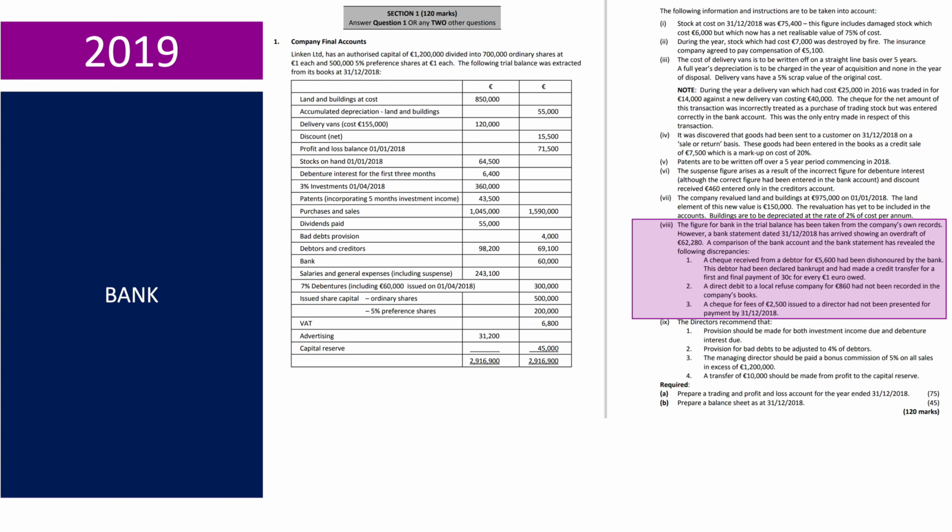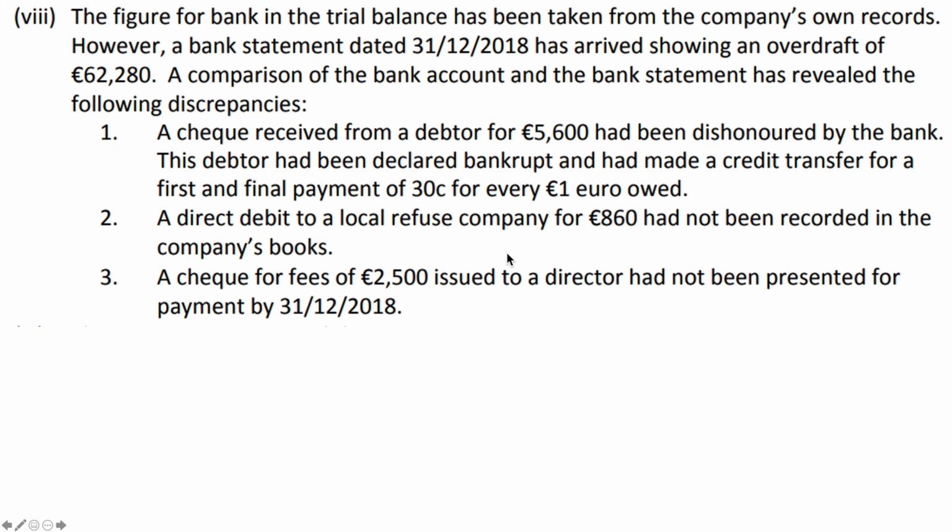Right, so 2019 then. So this was a company account. The figure for bank in the trial balance has been taken from the company's own records. However, a bank statement dated the 31st of the 12th, 2018 has arrived showing an overdraft of €62,280. A comparison of the bank account and the bank statement has revealed the following discrepancies. Number 1, a cheque received from a debtor for 5,600 had been dishonoured by the bank.